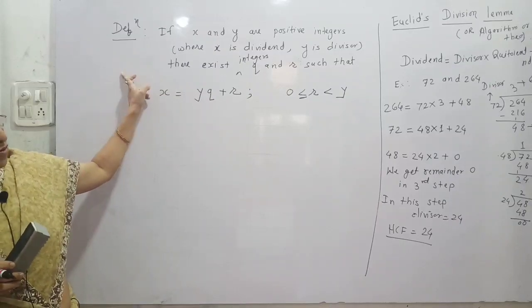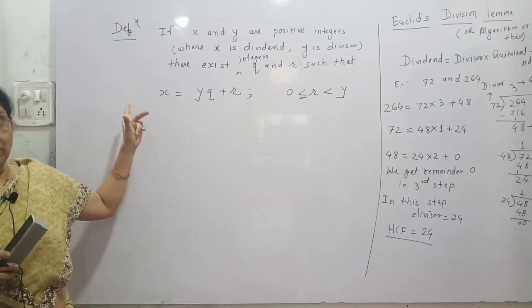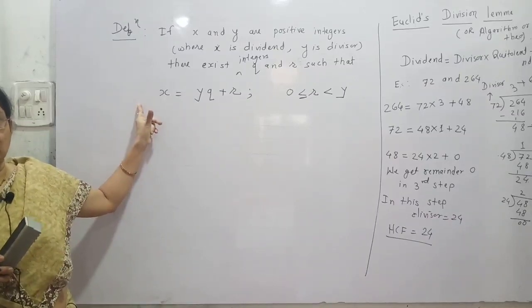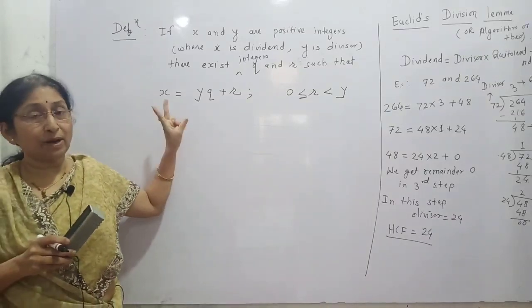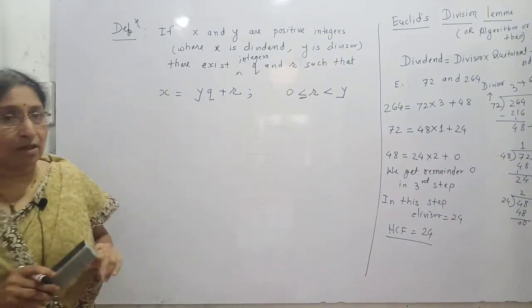Now you have to find HCF of any two numbers. In this Euclid's division lemma you can find HCF of only two numbers.